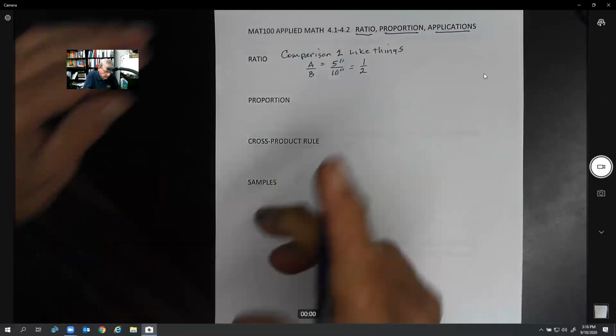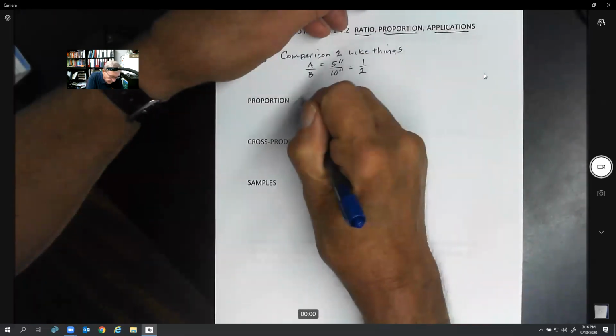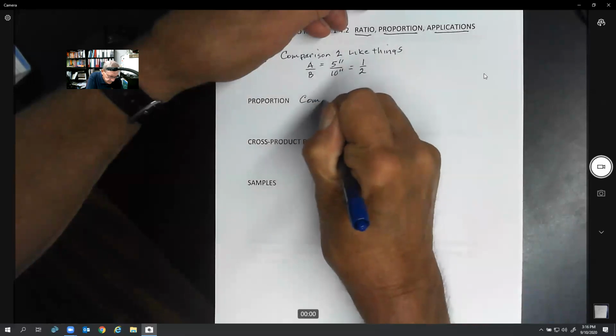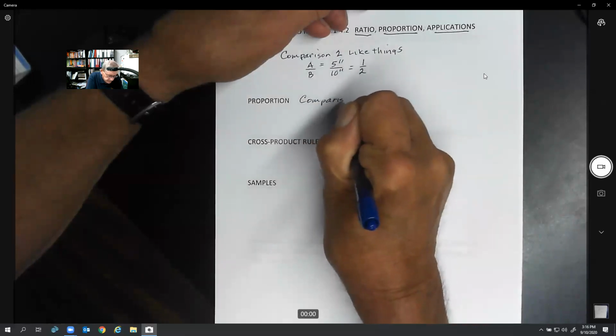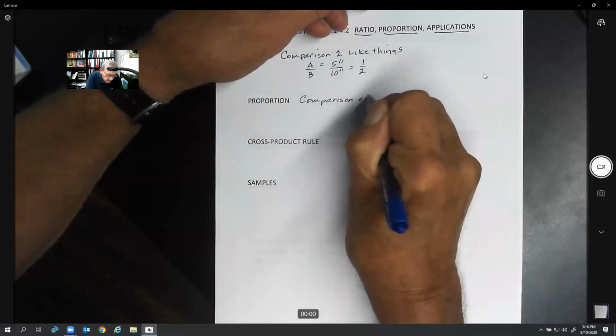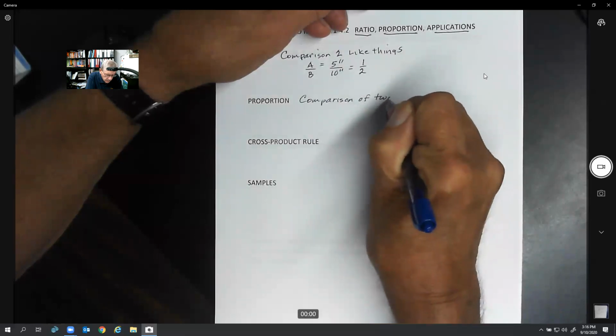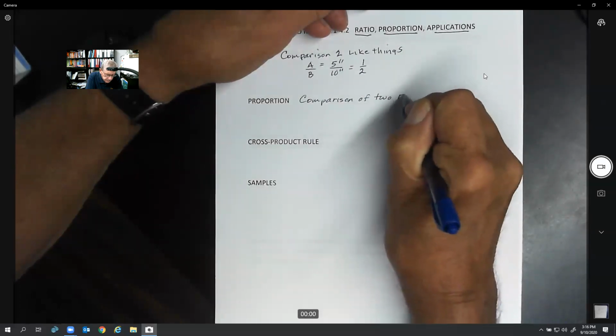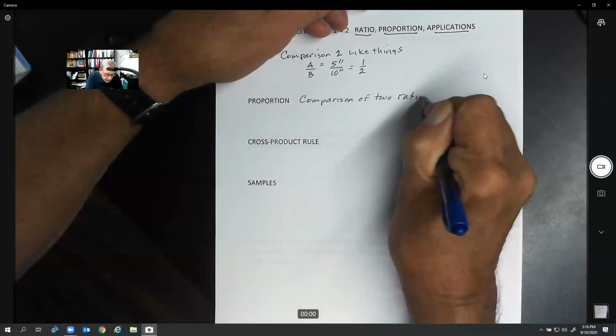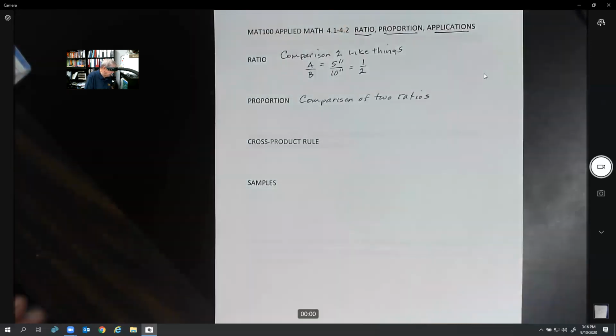It's a comparison of two ratios. That's basically what it is.